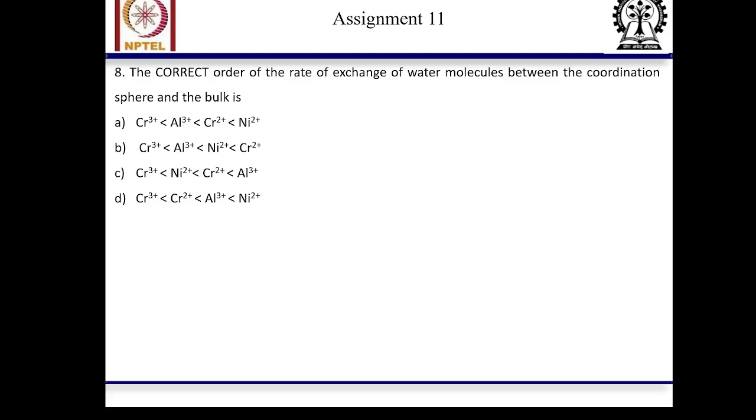But that is only one of the criteria. There is charge also, there is ionic radii also, and there is CFSE also. These three things together give basically four types of metal. So what is a class 1 metal?